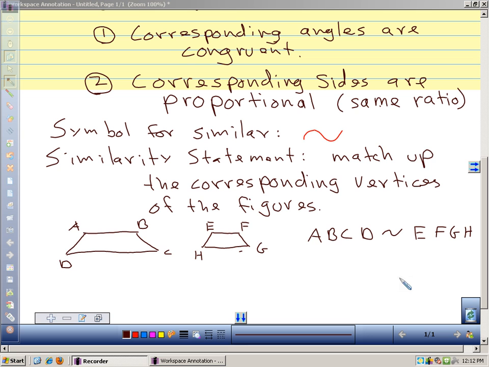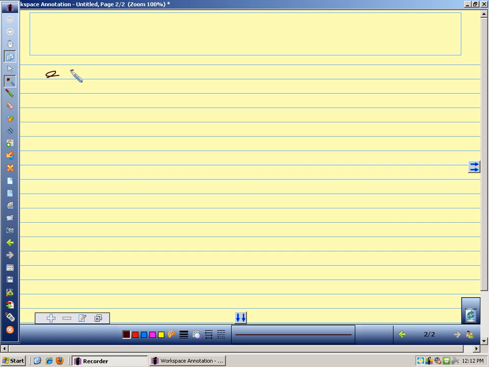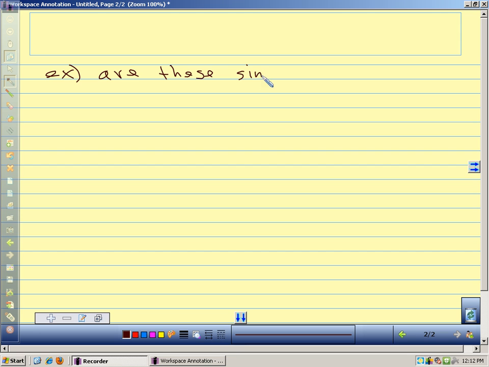All right, let's look at a couple of examples using similar polygons. So for this example, we want to figure out, are these similar? And here are the shapes that we're looking at.